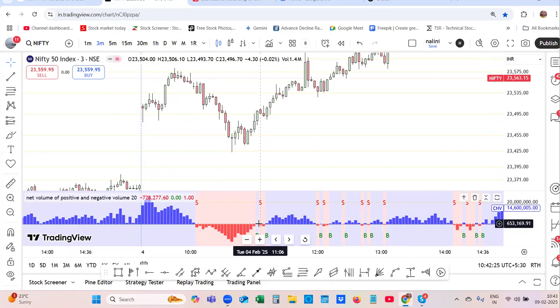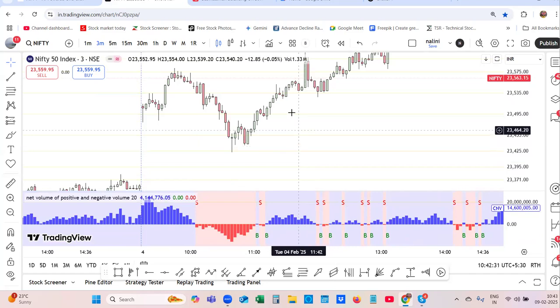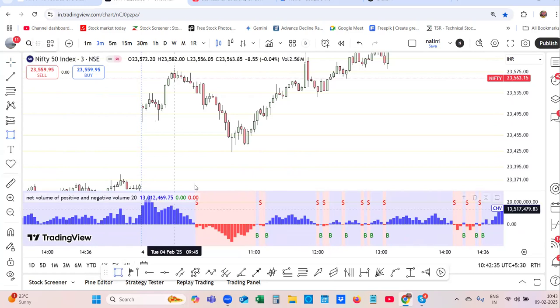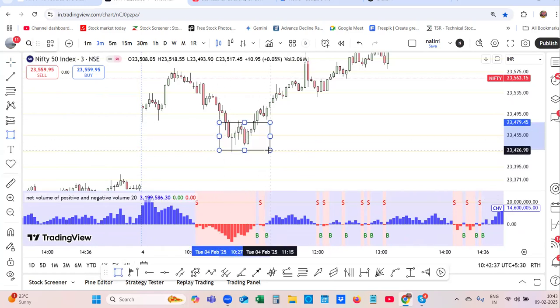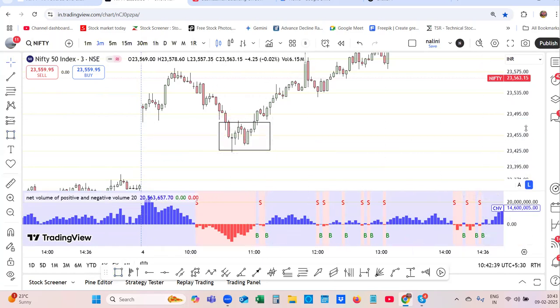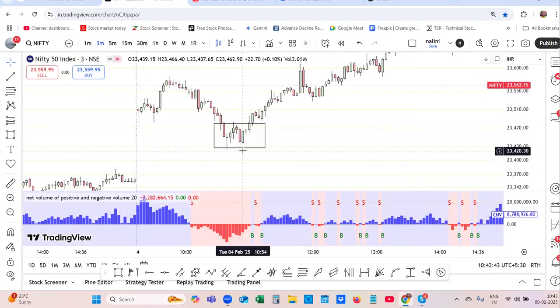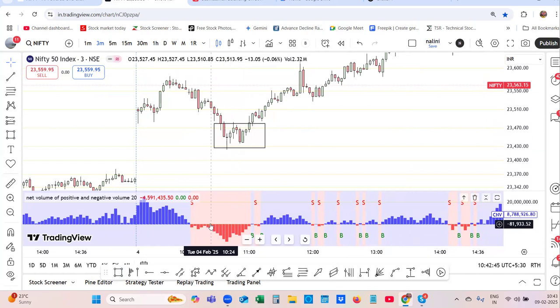And here at this area, it started giving a buy signal with a positive volume. So this is the consolidation box. I've mentioned the box strategy also; you can check the box strategy video. There it is giving a signal. So when it gives the signal, this is one parameter we are going to cross check here.